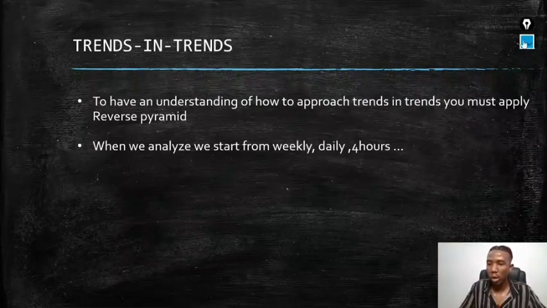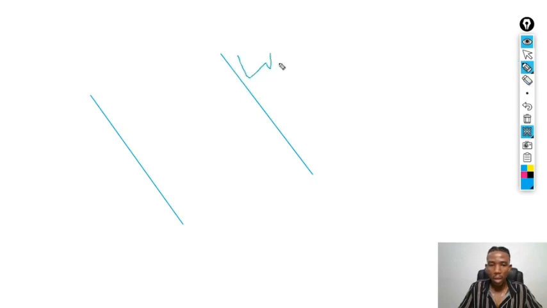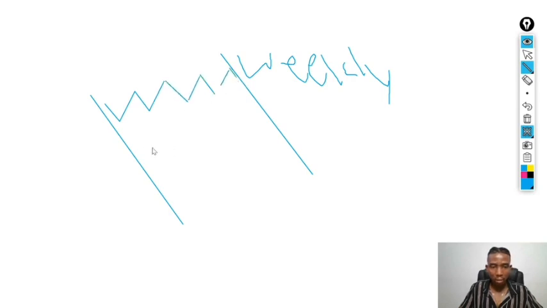So now let me show you what I mean by trends in trends. Firstly, let's say we have a weekly analysis. So this is our weekly analysis. And what do we see? We see that we have a sell trend in our weekly analysis. And then the market moves in this manner. Let's say the market moves like this, right? And here we have a buy trend.